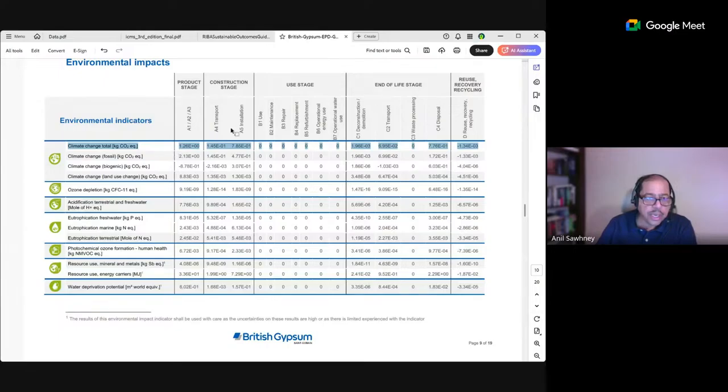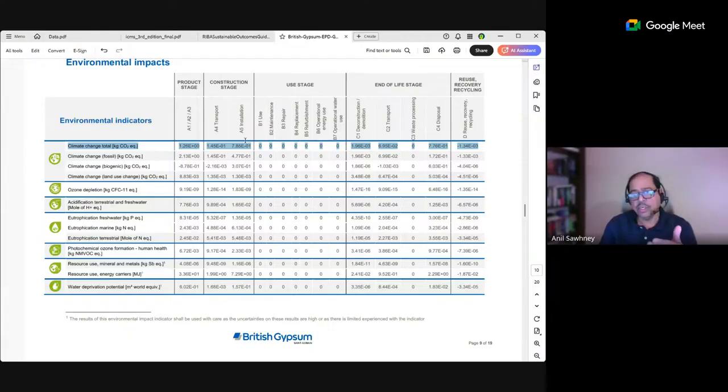You will see A1, A2, A3 value is given, A4 transport value is given. Surprisingly, they've done a study in their EPD which tells you per square meter to install that sheetrock into an interior wall surface is that number that you see on the screen for A5 installation.